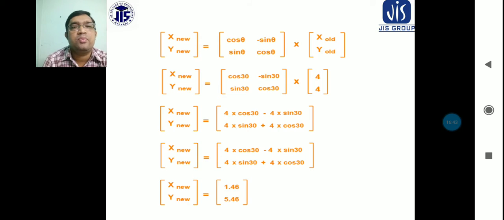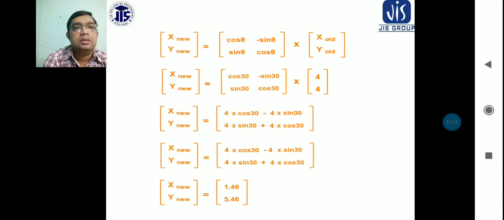But you have to put in the values, and I can calculate it easily. x new y new equals, where cos theta means cos 30 degree and sin theta means sin 30 degree, similarly putting in the values: cos 30 degree, sin 30 degree, minus sin 30 degree, cos 30 degree, into 4, 4, that is, x old is 4 and y old is 4.